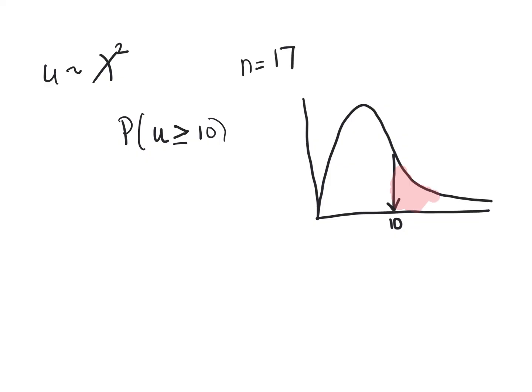I'm looking for that area right there. Right? So I do this the same way we did this last term with the normal distribution. I go to, on my calculator, I choose the distribution button. So dist. And then I look for chi-squared CDF.